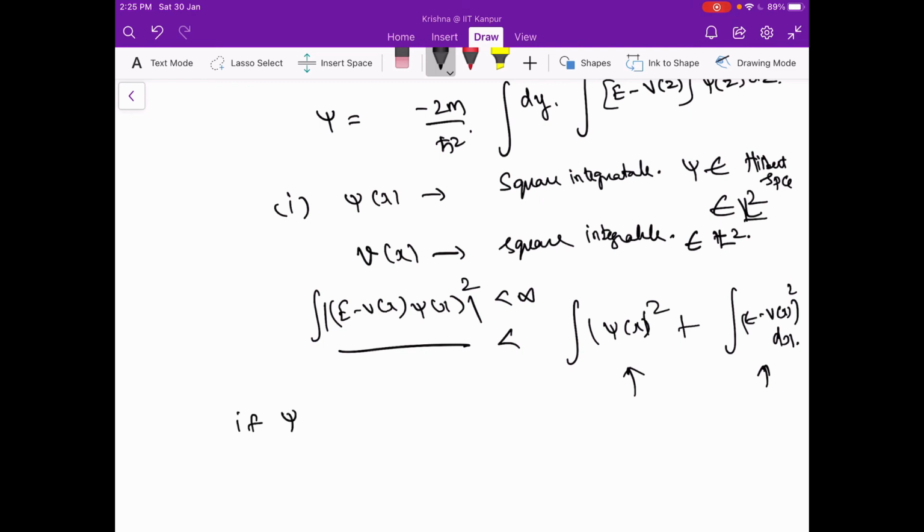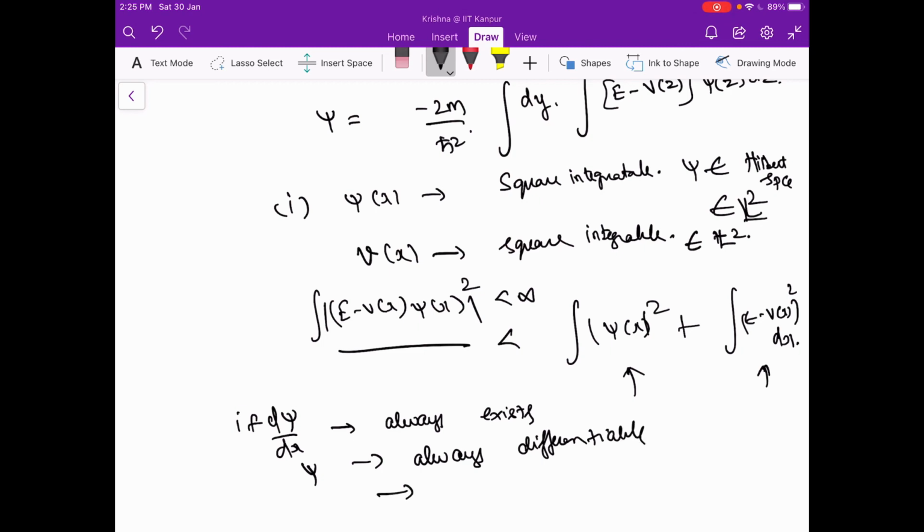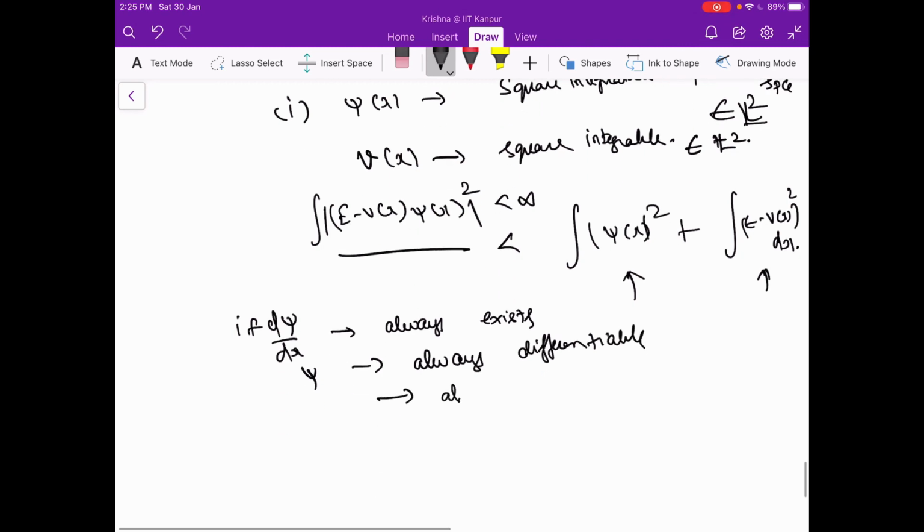So if d psi by dx always exists, that means the function psi is always differentiable. All differentiable functions are continuous.